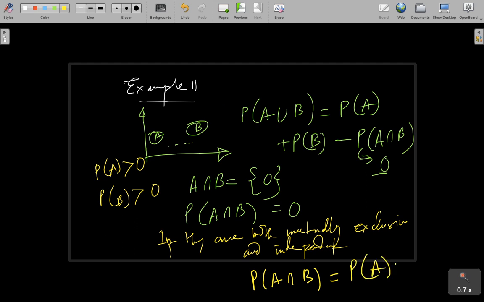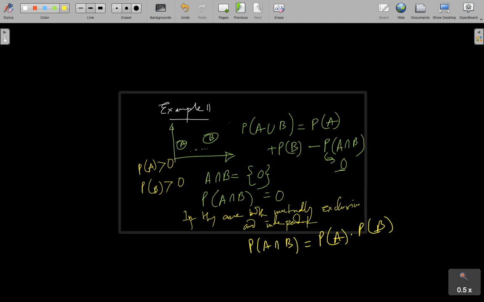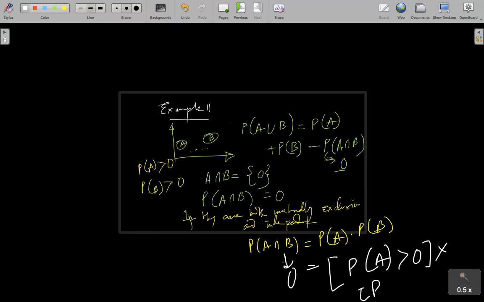But I know that the probability of A intersection B is equal to 0 because they are mutually exclusive, and I know my probability of A is greater than 0 and my probability of B is greater than 0. So my left side can never be equal to my right side. This equality does not hold.